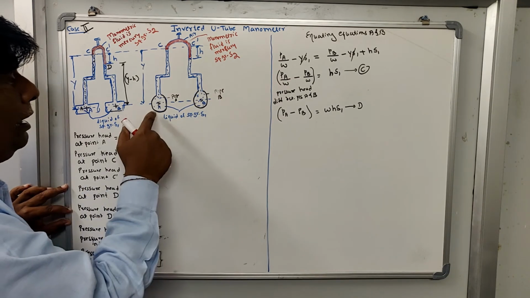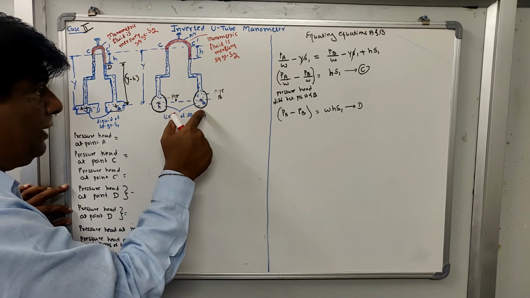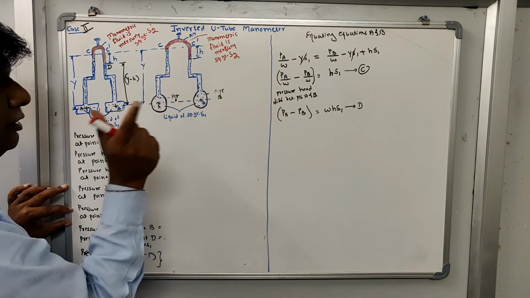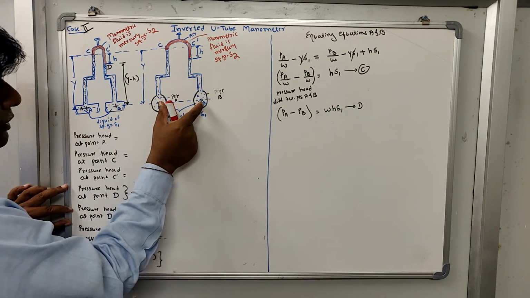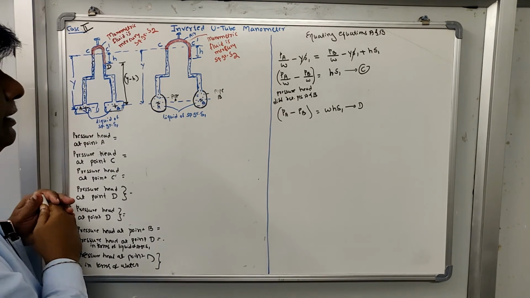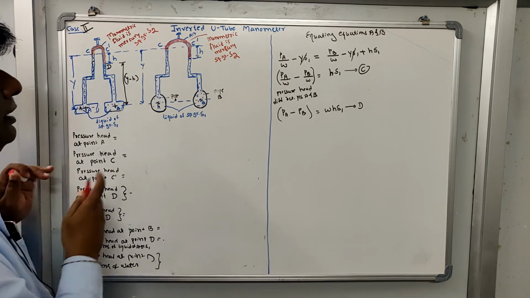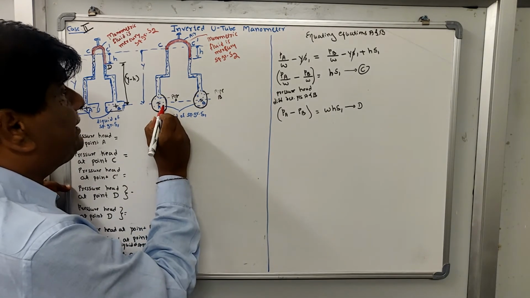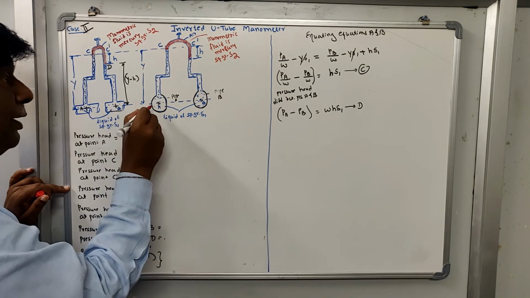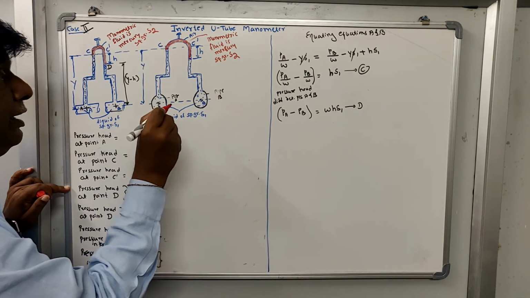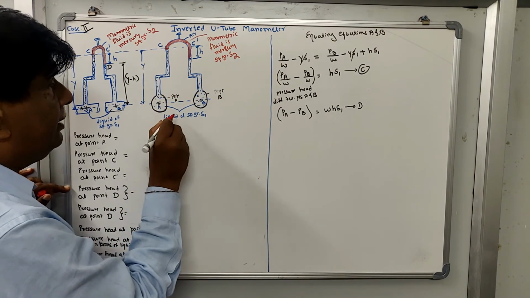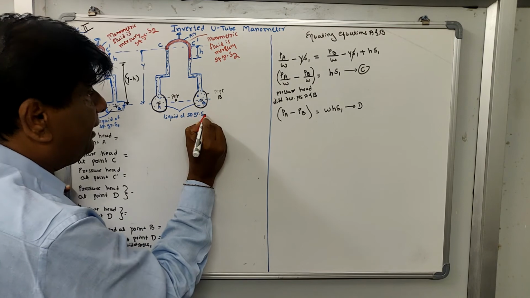In this figure we have considered two pipes. Both pipes are running perpendicular to this board, which means both pipes are running parallel, and in both pipes the flowing liquid is the same. The fluid flowing inside pipe A and the fluid flowing inside pipe B are the same, hence the specific gravity of that fluid is S1.